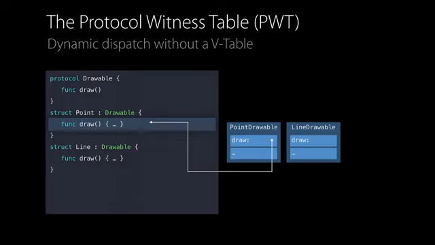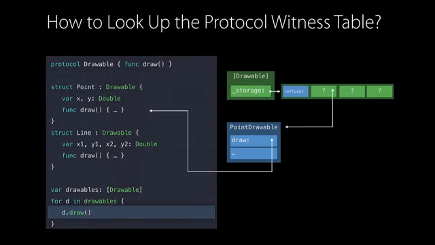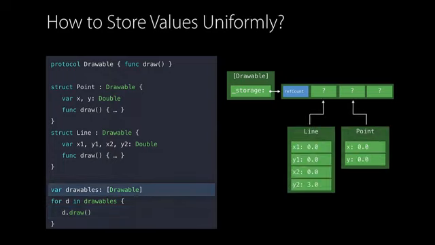Okay, so now we know how to find that method. But there's still a question. How do we get from the element in the array to that table? And there's another question. Note that we now have value types, Line and Point. Our Line needs 4 words. Point needs 2 words. They don't have the same size.